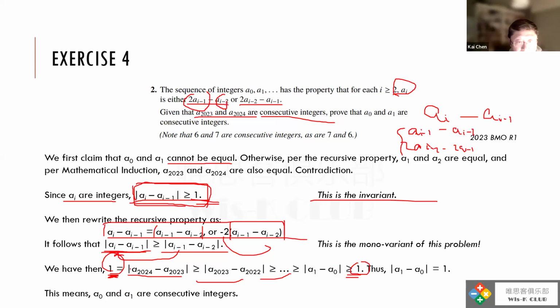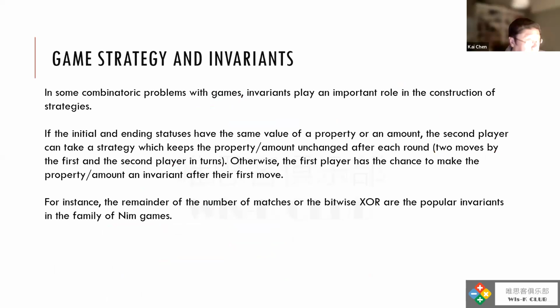That means all these intermediate values must equal 1, including the first ones, a_1 and a_0. That means they are consecutive integers.